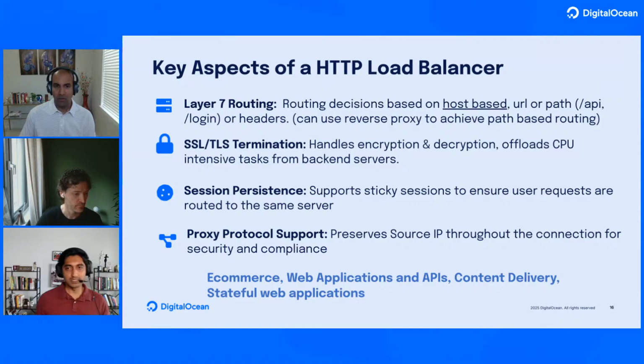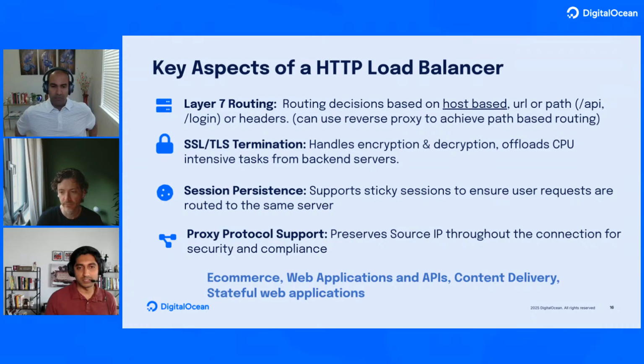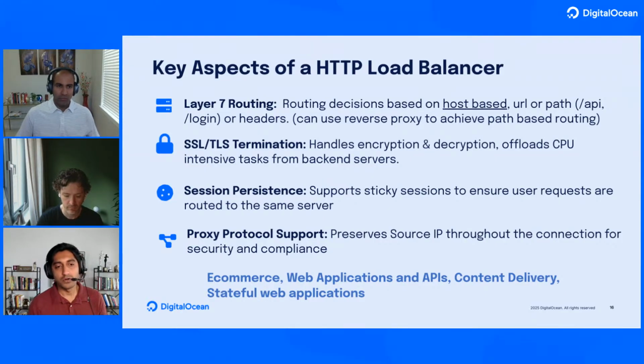Now let's go a little bit more into the key aspects of the HTTP load balancer. What is it, and what benefits can you anticipate from DigitalOcean's HTTP load balancer? Now, there are four key things to remember if you take an HTTP load balancer. Number one is it's going to be operating at layer 7 in the OSI layer. Just for quick context, the OSI model is basically the construct which is the foundation for any communication on the internet.